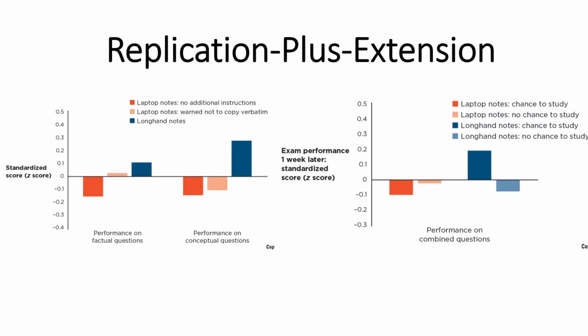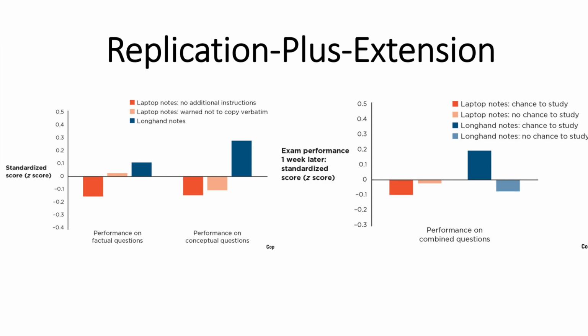For our last type of replication, we can look at replication plus extension. So this is where researchers replicate the original study, but add some variables to test additional questions. So if we think back to our note-taking example, where they had people listen to a TED Talk and take notes either on a notepad, so by hand, or on a computer by typing, and then they tested how their retention of the information was.